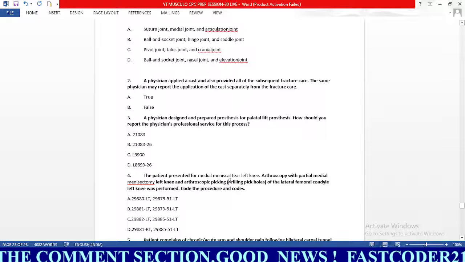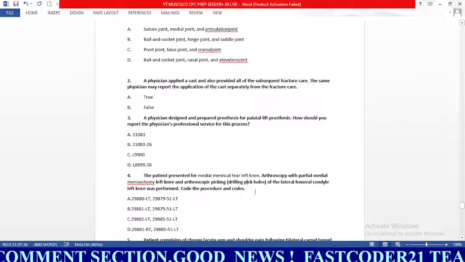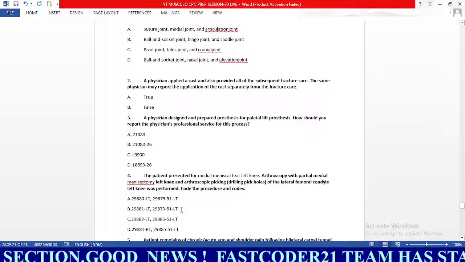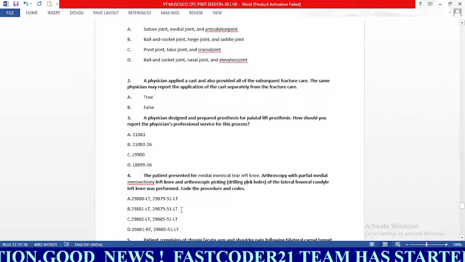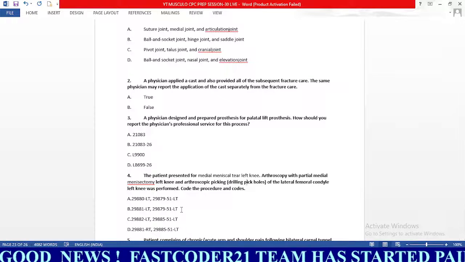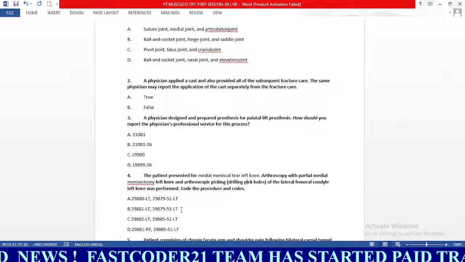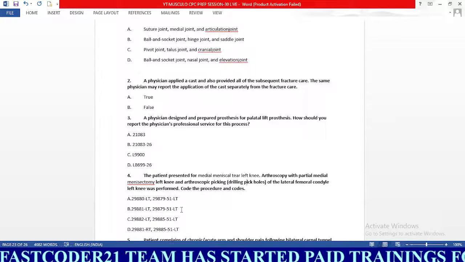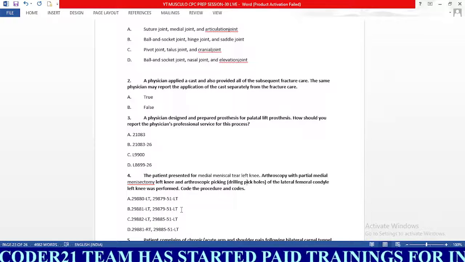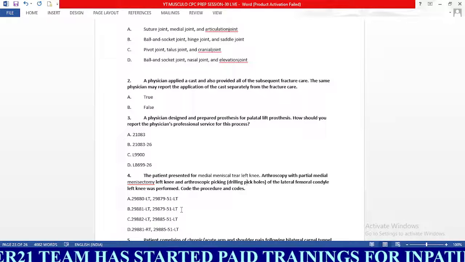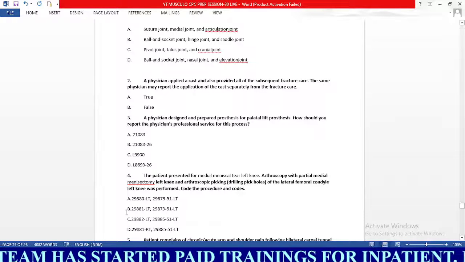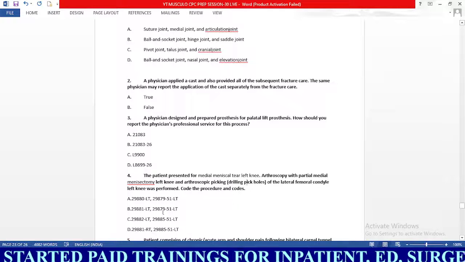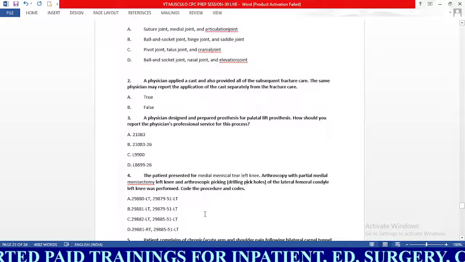See, here is the keyword, drilling of holes. We need to select 29879. If you check your CPT book, you will find abrasion arthroplasty or multiple drilling or microfracture of the meniscus. And also you need to append the 51 modifier as well as the laterality modifier here. So here our answer is B, 29881 LT, 29879 51 LT.